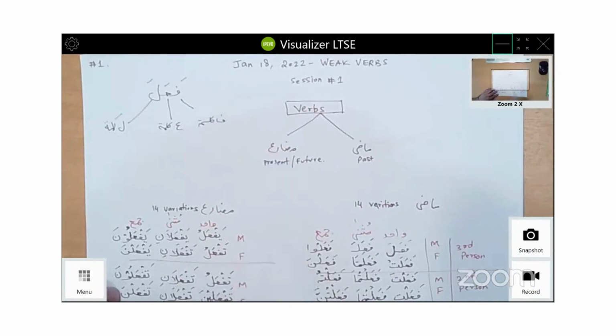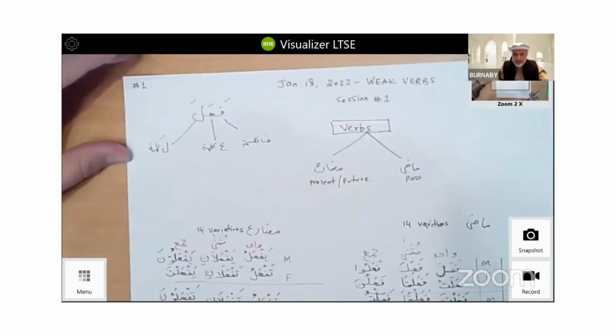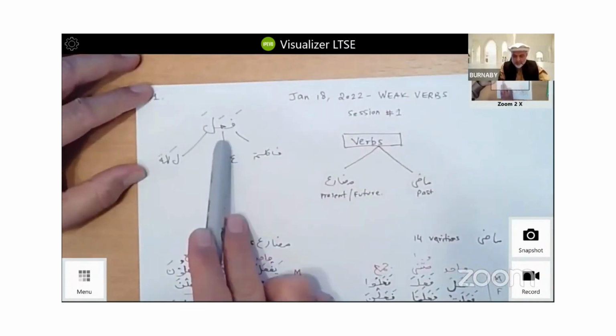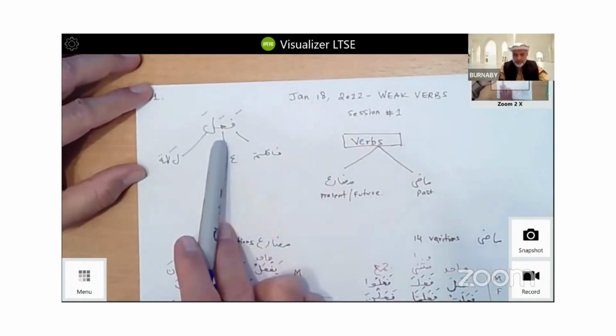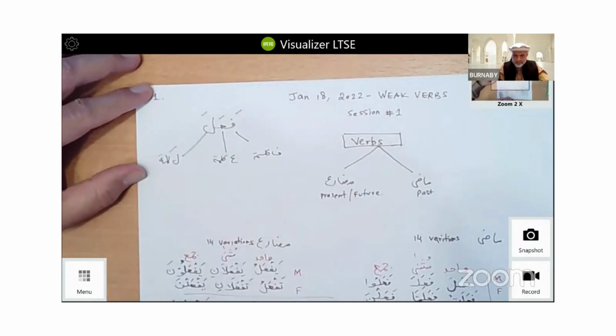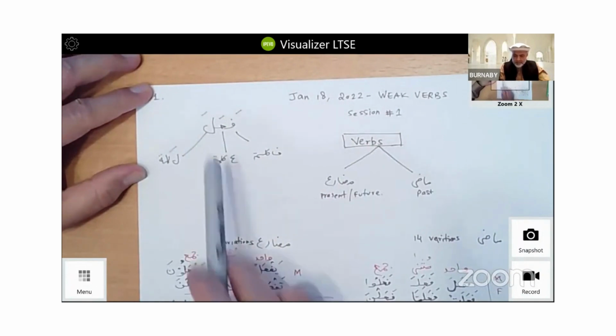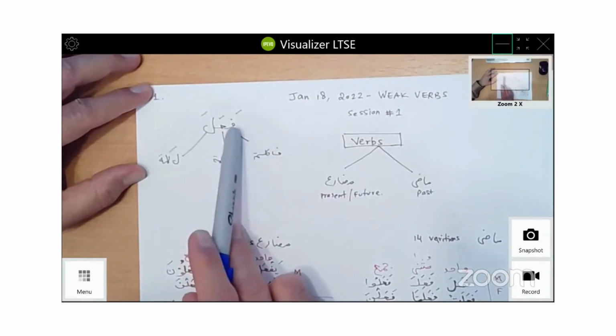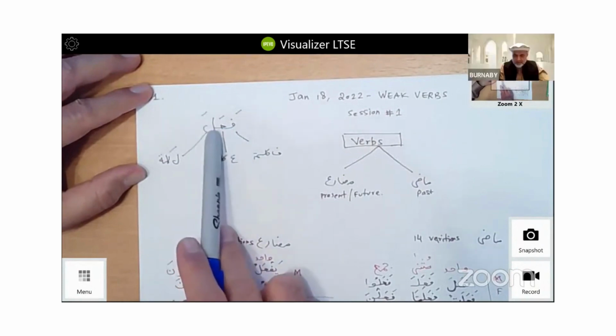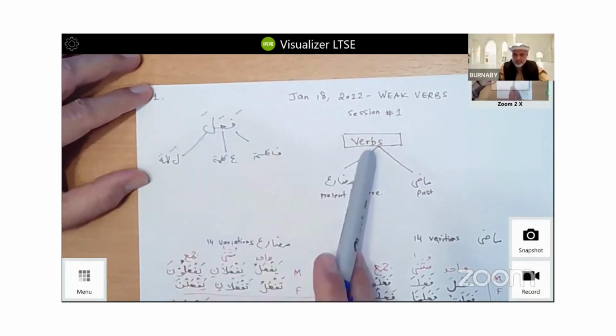Yes? Agree? And our basic pattern for learning the verbs is Fa'ala. Everybody remembers that? That Fa'ala is our basic pattern to learn everything about verbs.